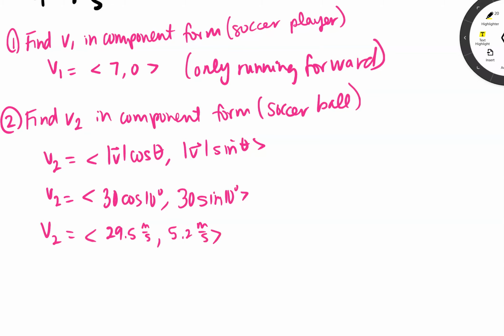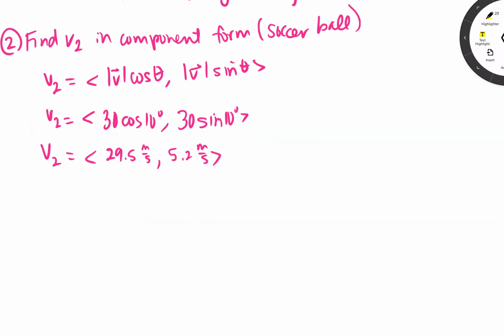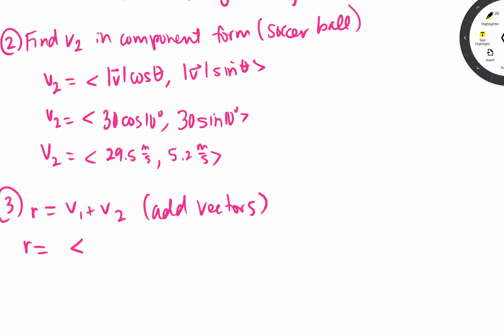Okay, so we have them broken up into components. The third thing we need to do, because we're trying to find the resultant speed and direction of the kick, is add our two vectors together. I just have to add my x's together and add my y's together. So my resultant is going to be 7, 0, plus my second vector, 29.5, 5.2.